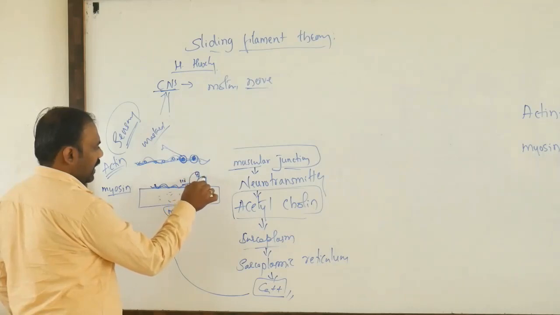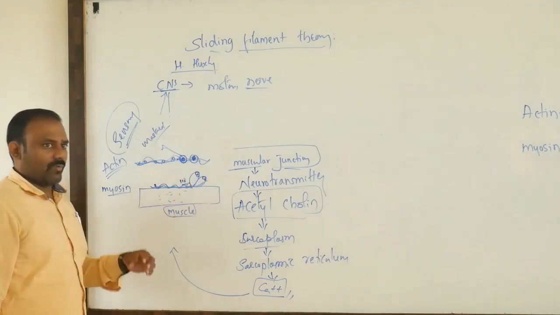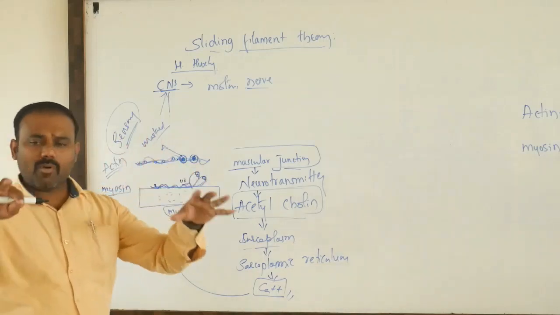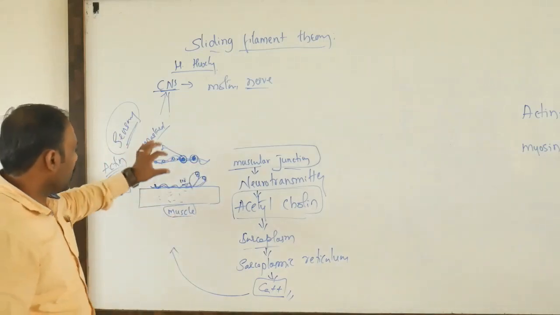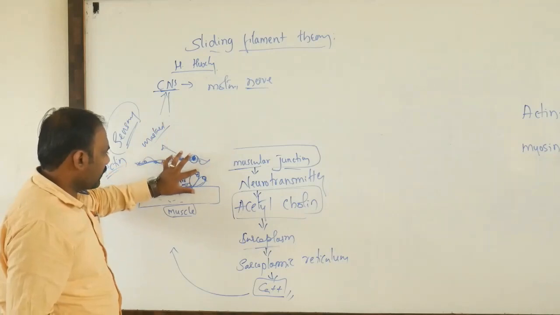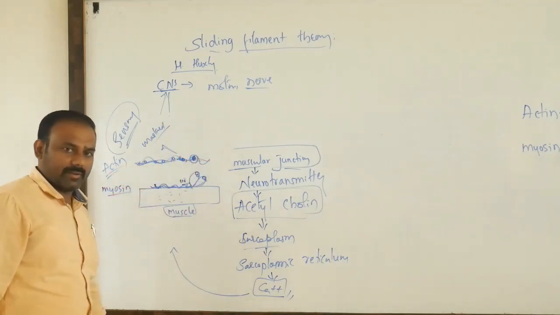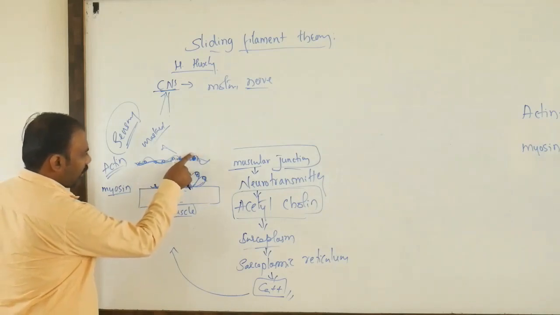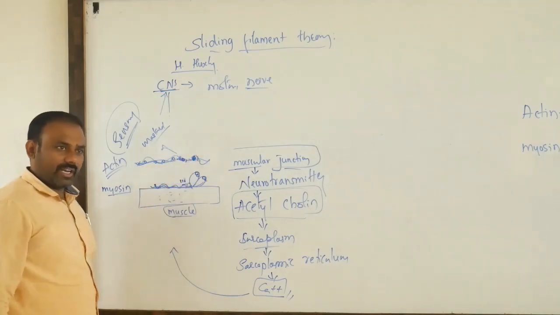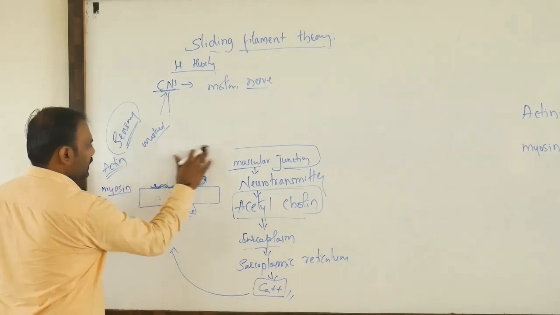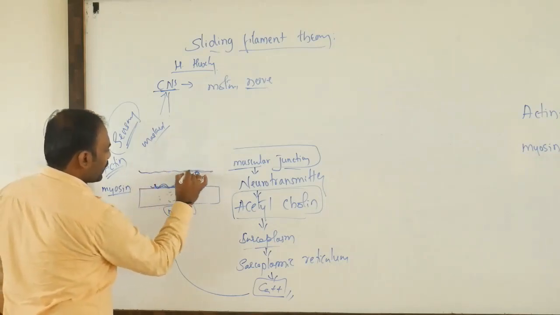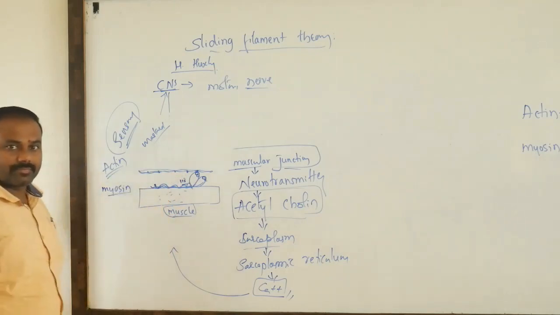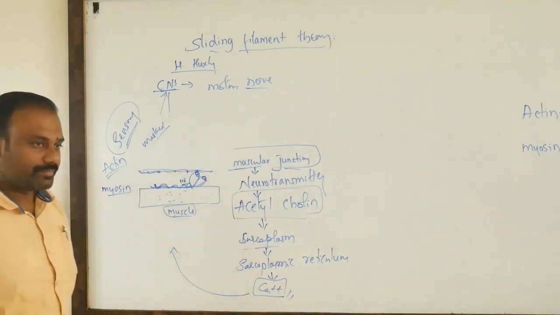When they attach to the actin binding site, they can remove the mask from the myosin as well as from the actin. Ultimately, when the calcium removes the mask, the actin goes and binds like this. Clear my point? I hope you understand this concept.